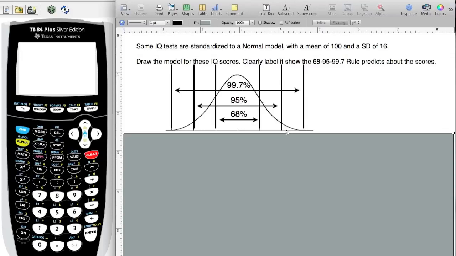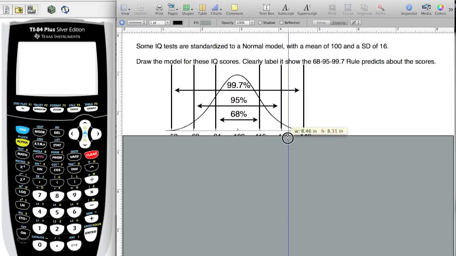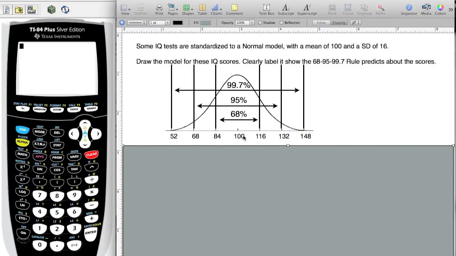To apply this to the particular situation, we put our mean at the center, add our standard deviation once, twice, and three times, and subtract it once, twice, and three times. These are the numbers that correspond to the whole number standard deviations away from my mean. If we converted these to z-scores, then the mean is of course 0, exactly at the mean.